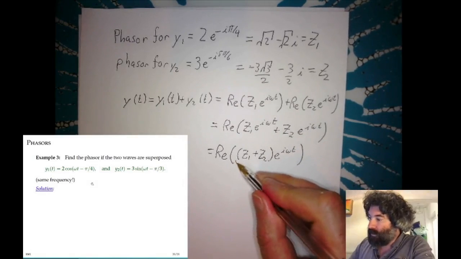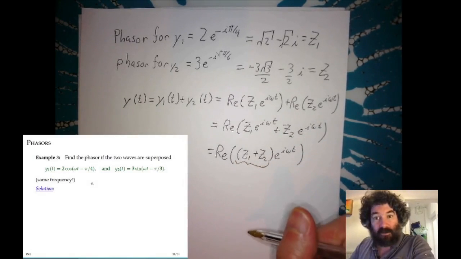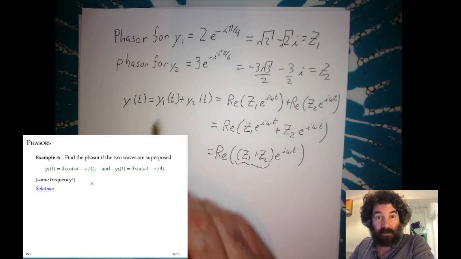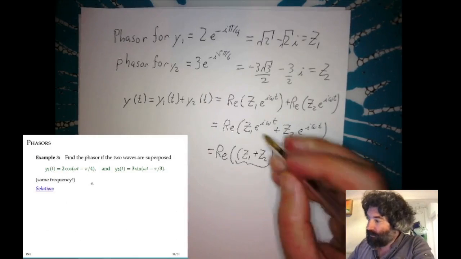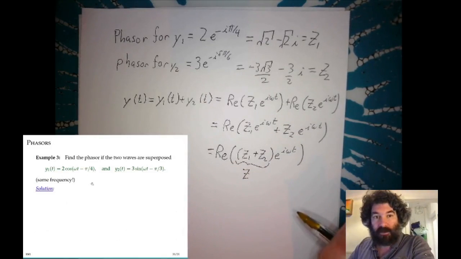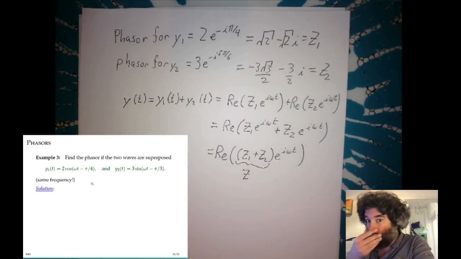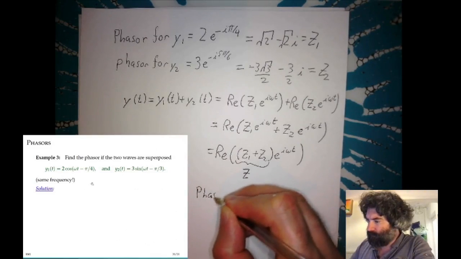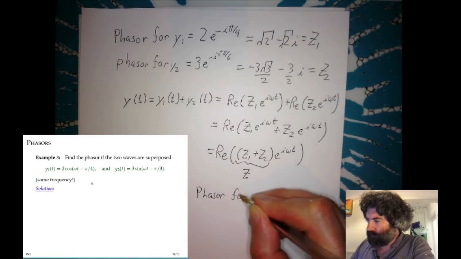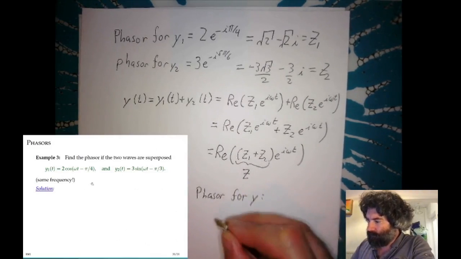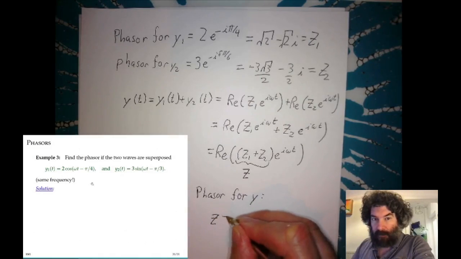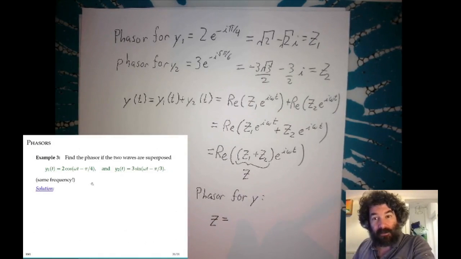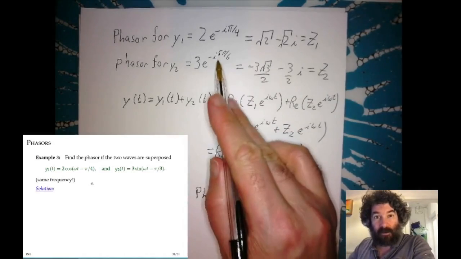And so what we see then is that z1 plus z2 is the phasor for the sum of these two. Right? This is z, the phasor for y, the sum of y1 and y2. And so the phasor for y, z, is equal to the sum of z1 and z2.